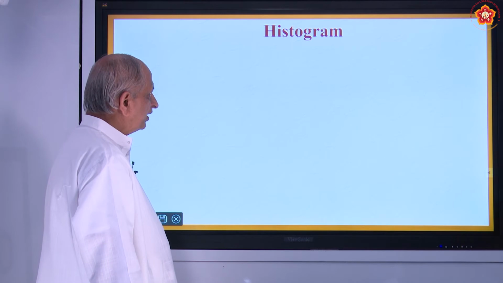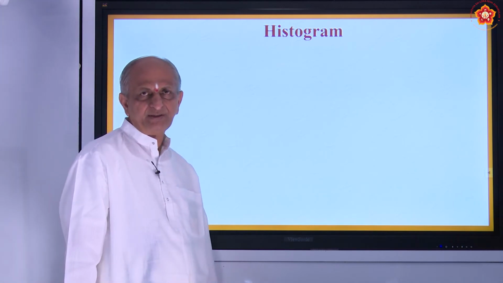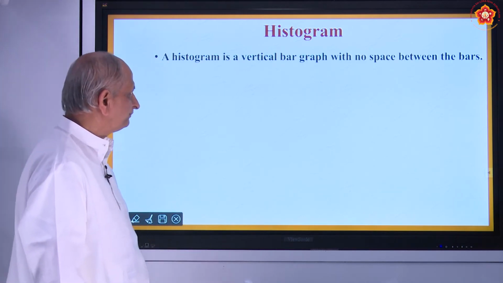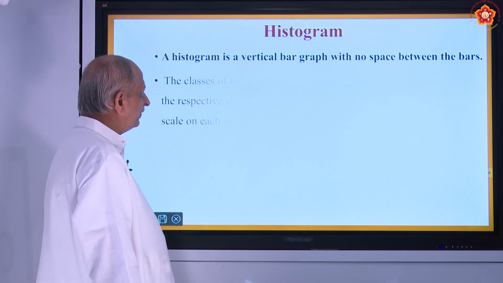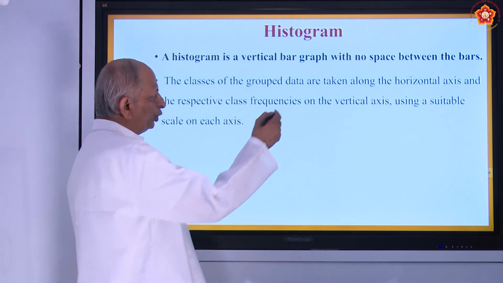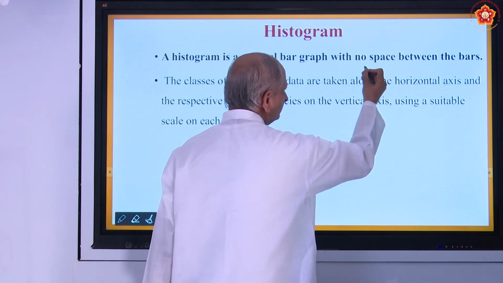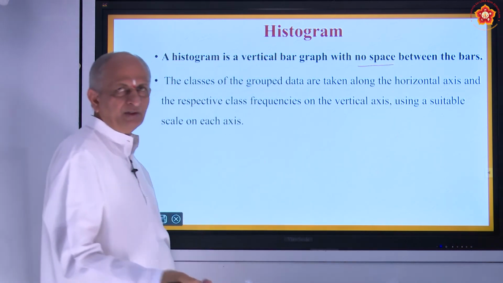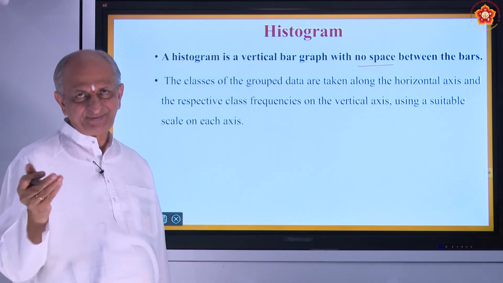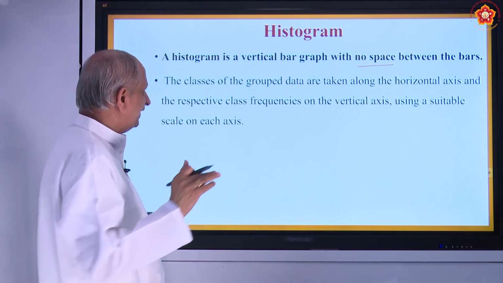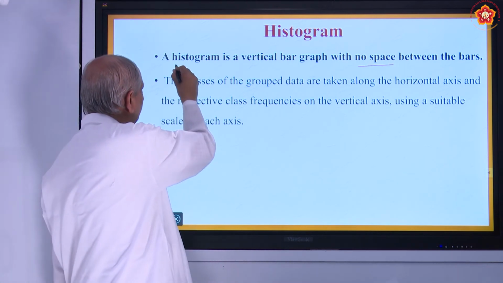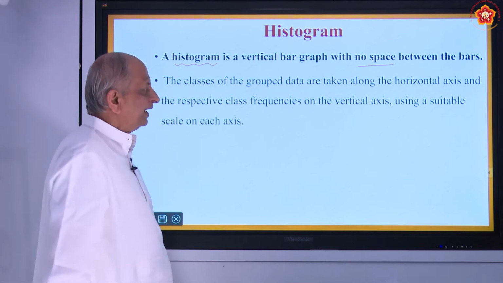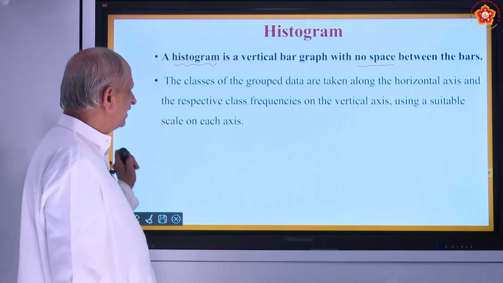Okay. Now coming to another way of representing, that is called a histogram. A histogram is a vertical graph with no space between the bars. In the previous case you have seen space. If there is no space, that is called a histogram. Another way of presenting the data.